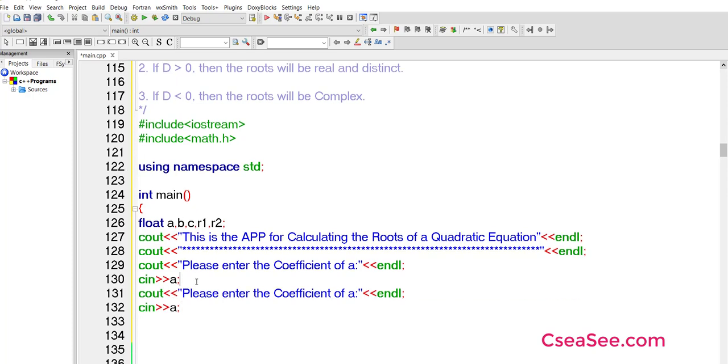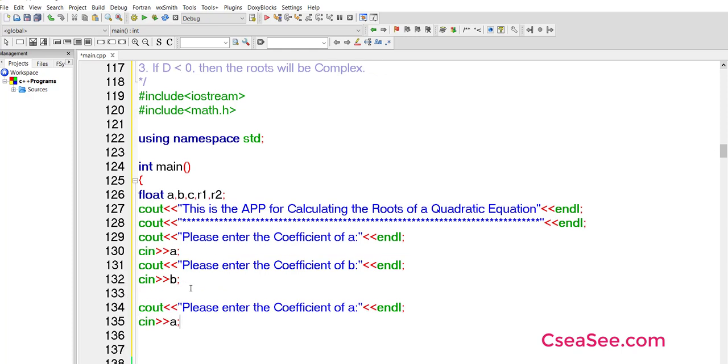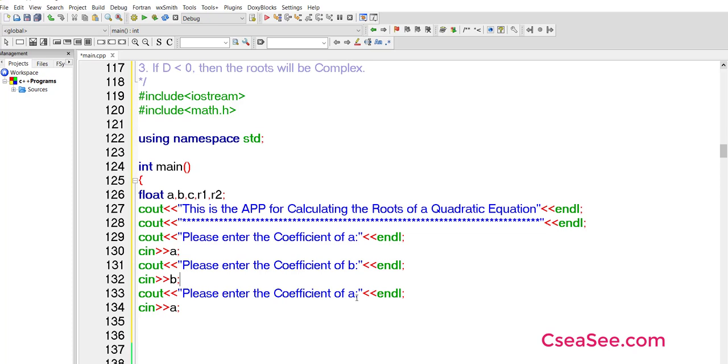This is going to be, please enter the coefficient of B, and this is going to be b, and the coefficient of c. That's fine.